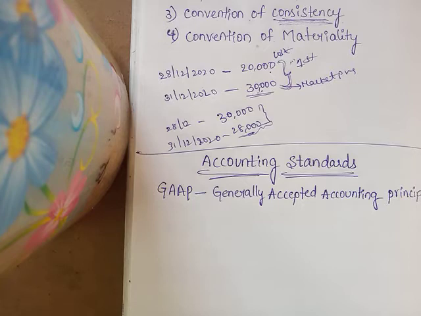Under these four methods we have to find the closing stock, and each method gives a different closing stock value.